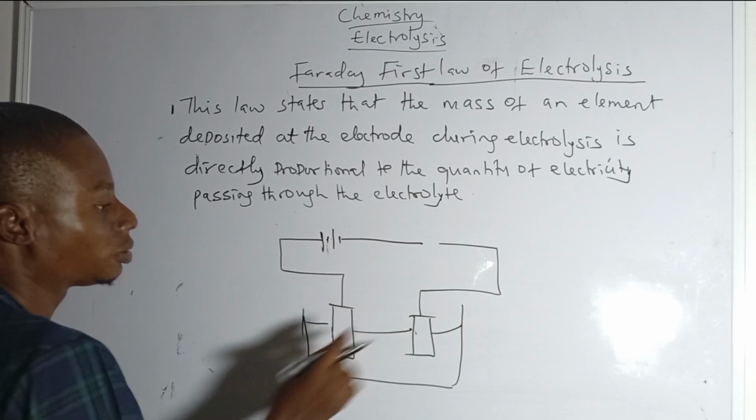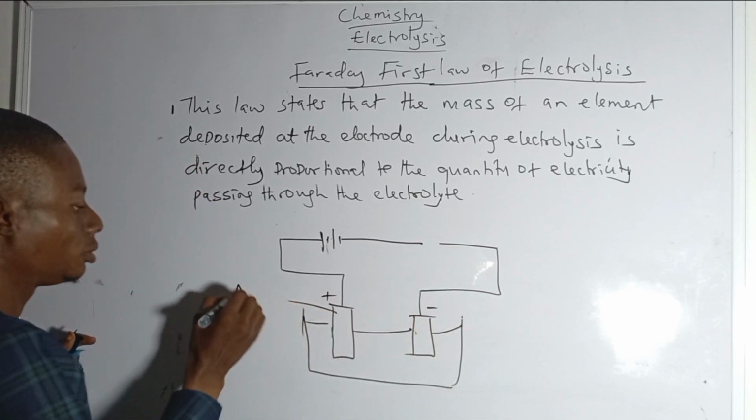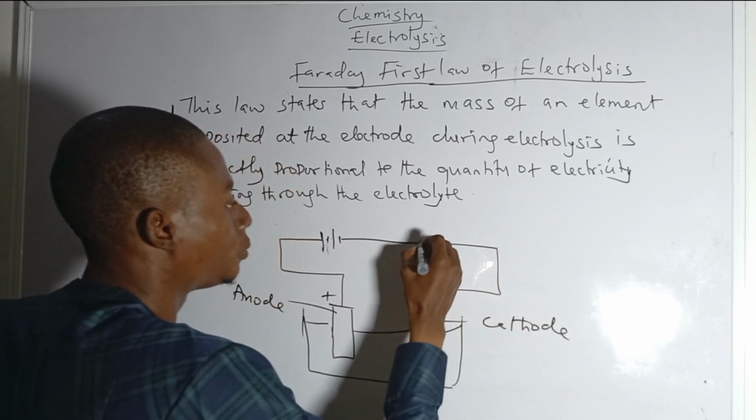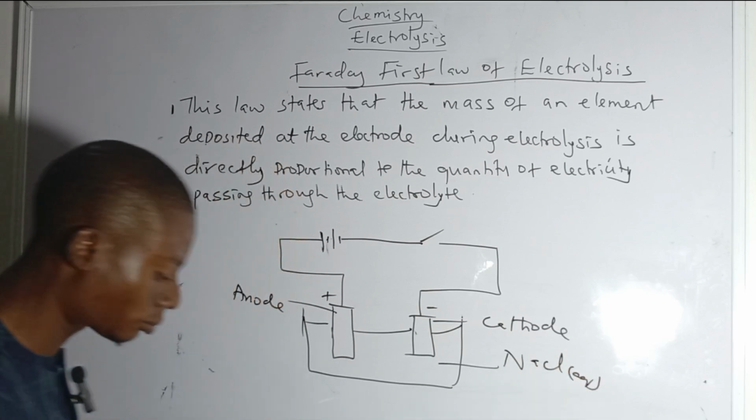So this is plus, negative. This is the anode. This is the cathode. So let's say you have NaCl aqueous.